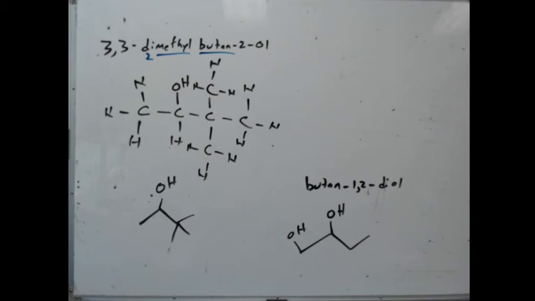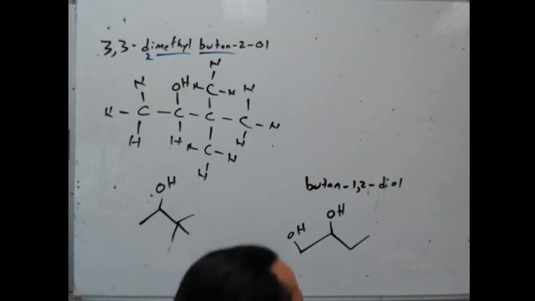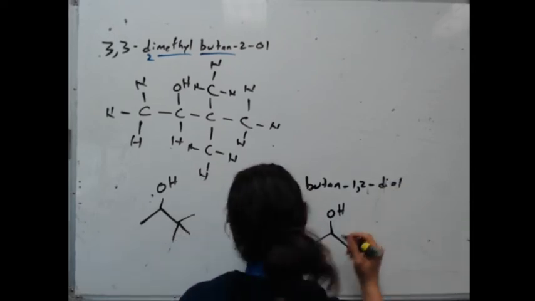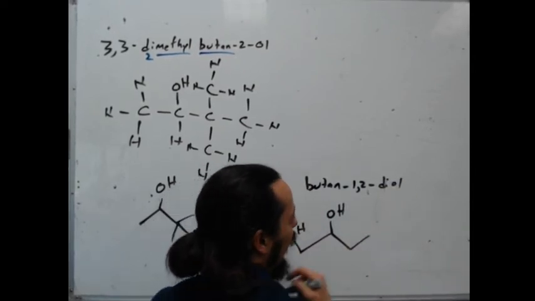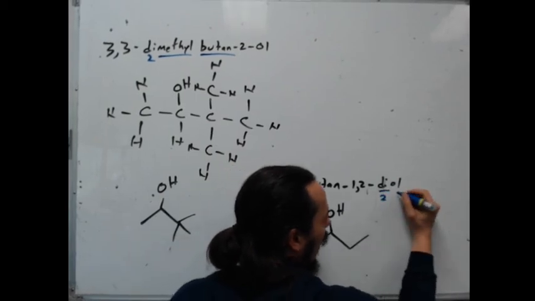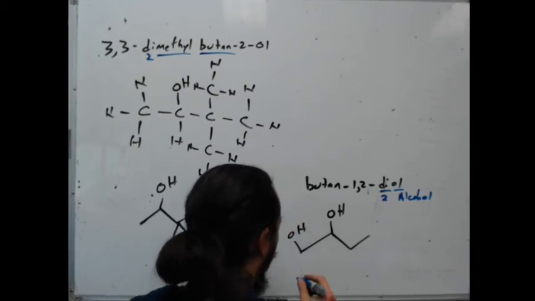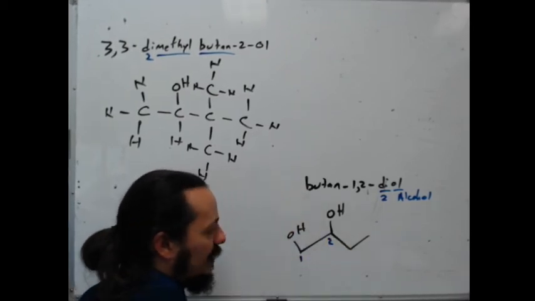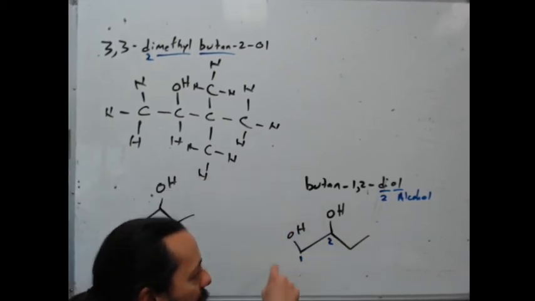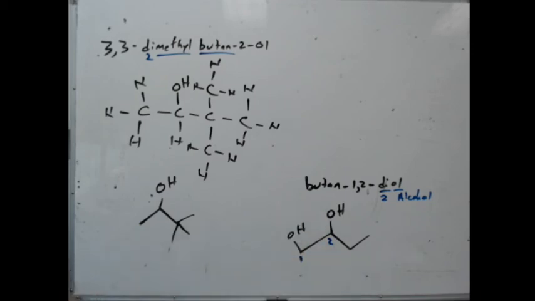Just to clarify though, what is the 1,2 then? Recognizing that the diol here is telling me that I have 2 alcohols, this is carbon 1, this is carbon 2. It's telling me that I've got 1 alcohol there and another alcohol there. It's giving me the locations of those alcohols, and the butane is just the structure of it.